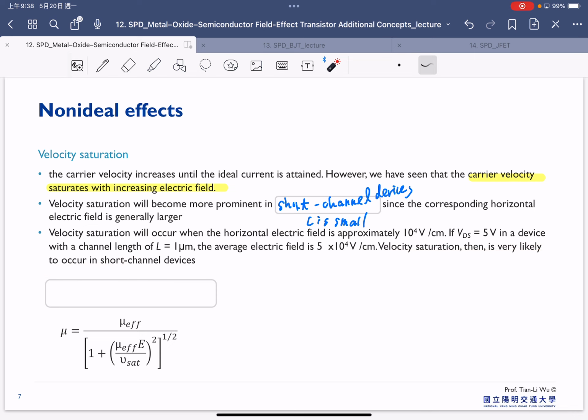Once we have velocity saturation, we also have to consider a different current equation. So this is the equation once the device has reached velocity saturation.